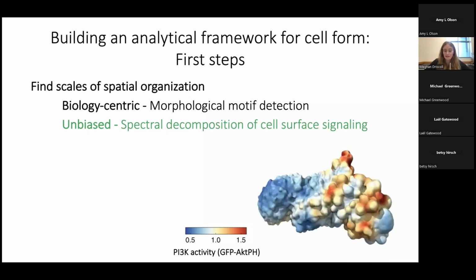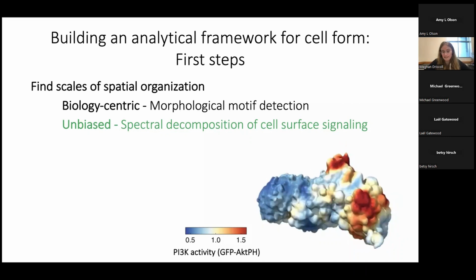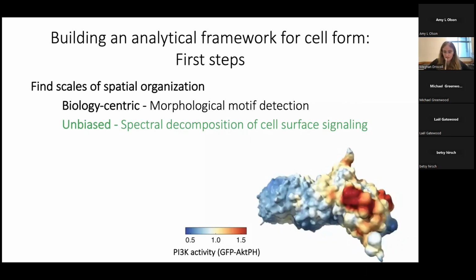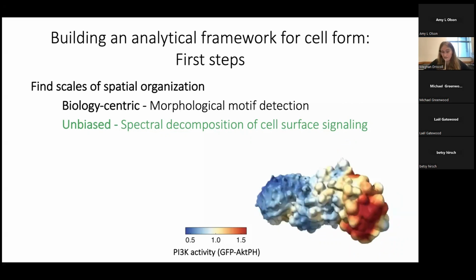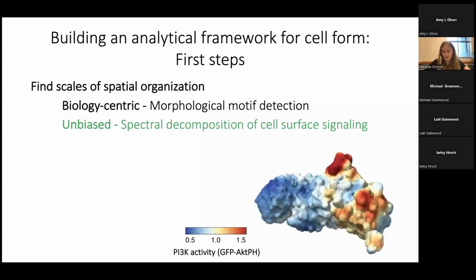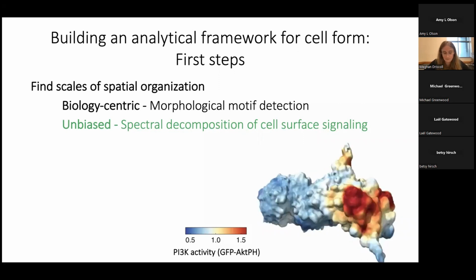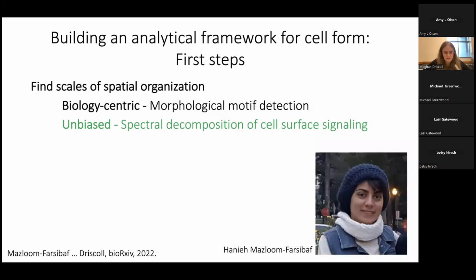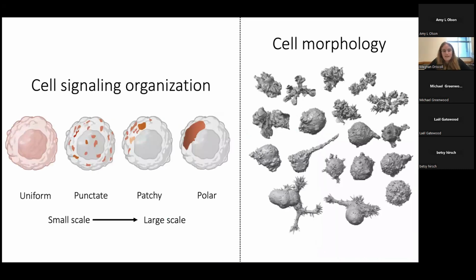So can we, for example, find how PI3 kinase activity is spatially organized across scales on that cell, right? And this project was principally done by a postdoc in my lab when I was an instructor, right? So I'm the last author on the paper, and she is the first author, right?